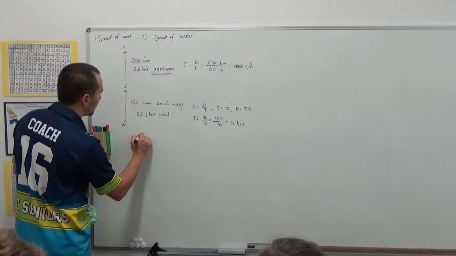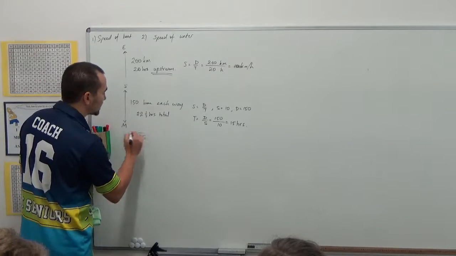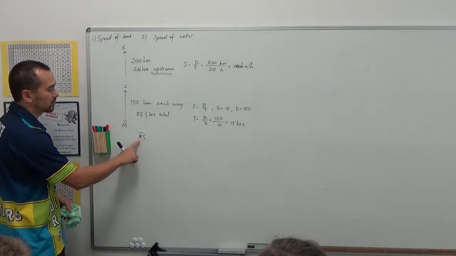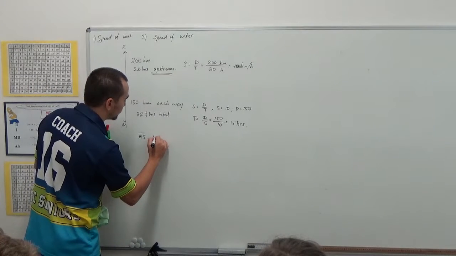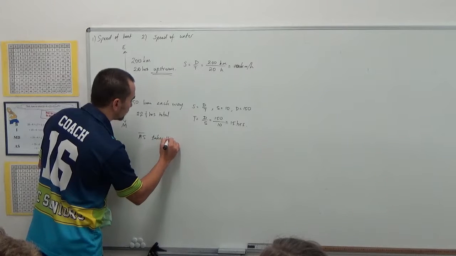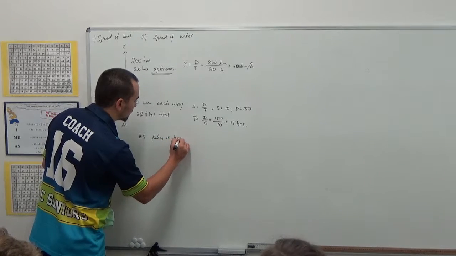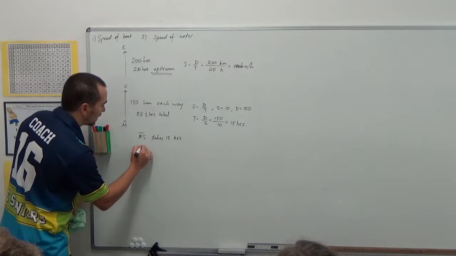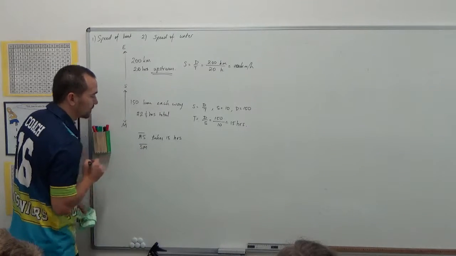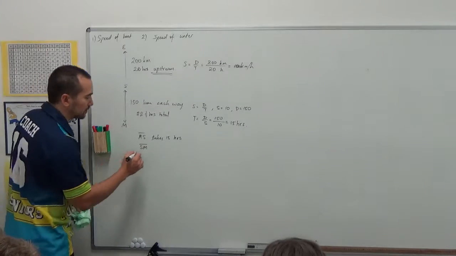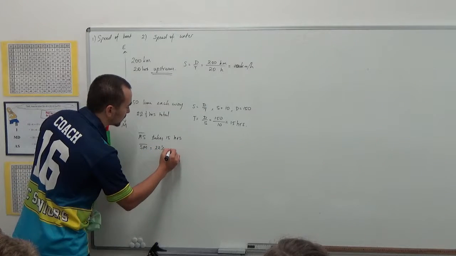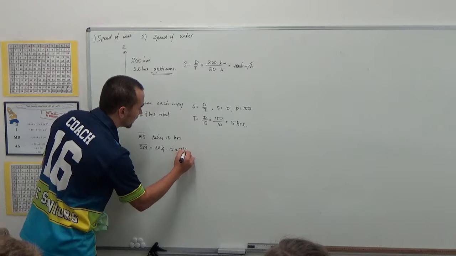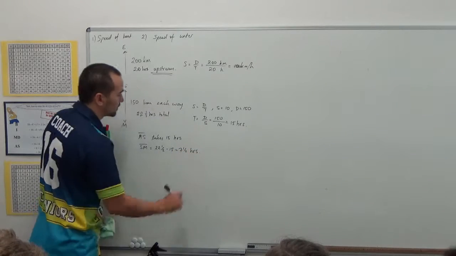So if M to S, from Mildura to Swan Hill, takes 15 hours, then S to M would take 22 minus 15, which is 7 hours.